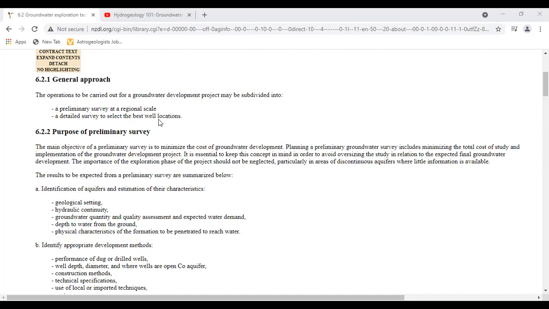That is called the regional scale. A detailed survey to select the best well locations means, here I want to give one example. After we go to a farmer's cropping land, first we have to observe whether there are any surrounding drilled wells or not.